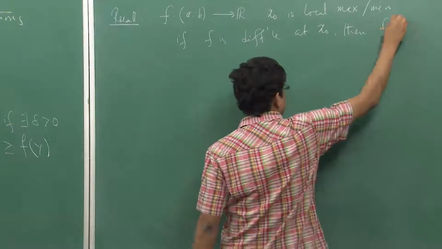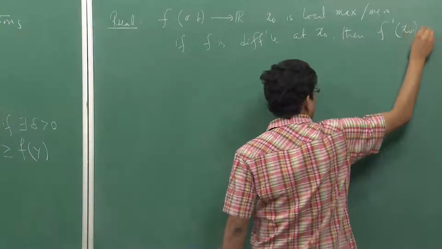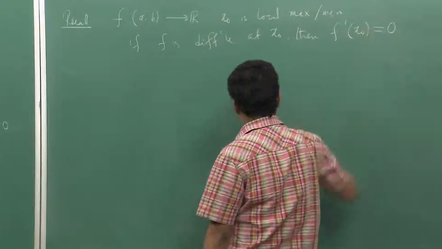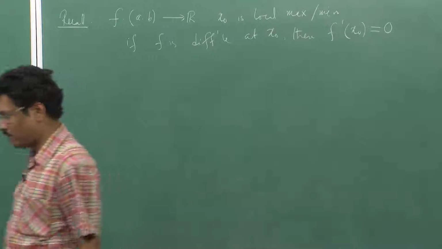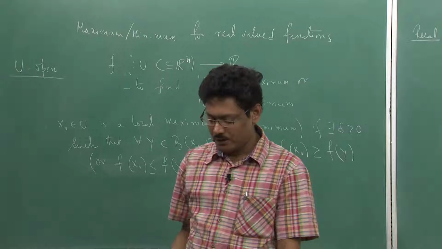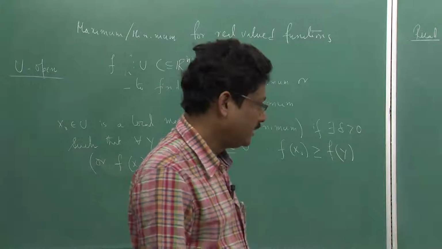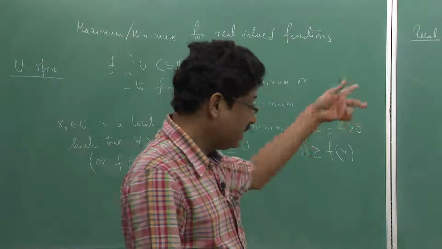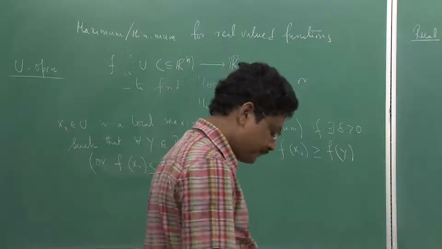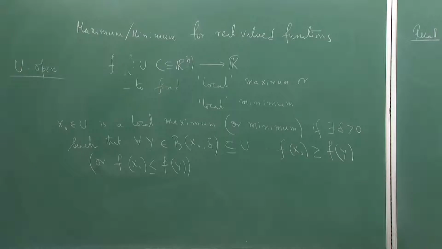When you find maxima and minima for one variable functions, you first try to find the zeros of f prime, the so-called stationary points or critical points. At a maximum or minimum, f prime of x naught will be 0. This is the first necessary condition.